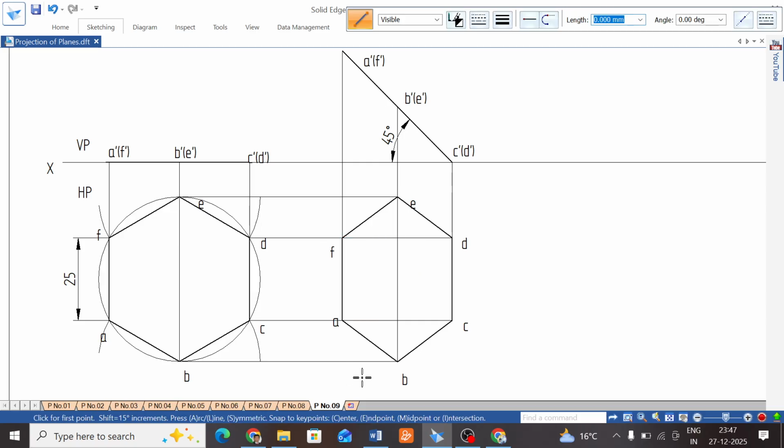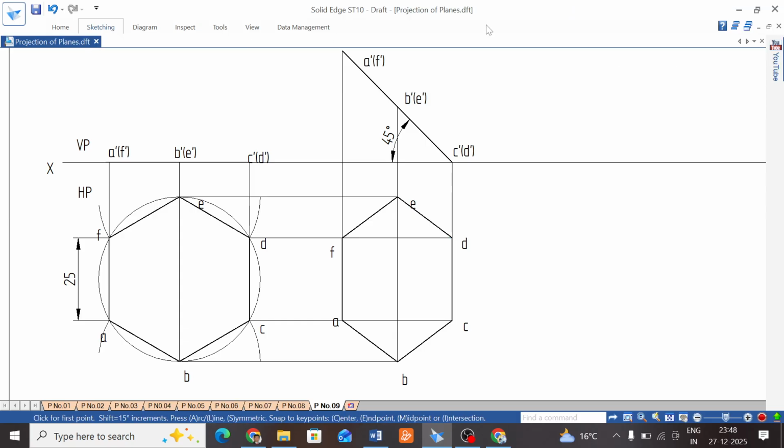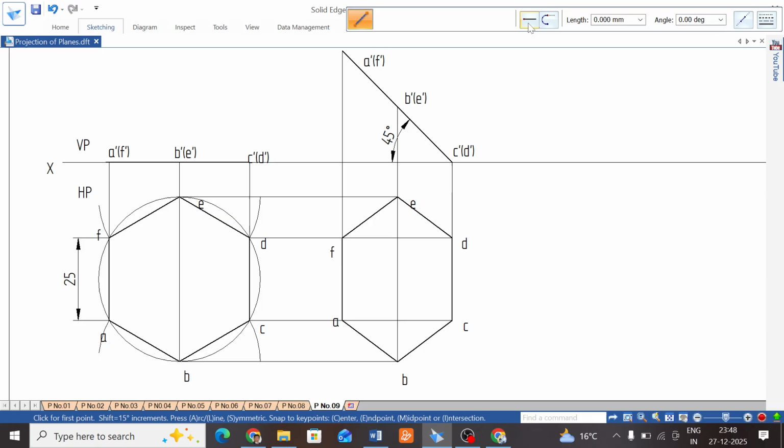Okay, apparent hexagonal lamina. The resting edge DC is inclined. In the second position of the apparent lamina, the resting edge DC is inclined to VP at 30 degrees. Simply draw a 30-degree line from VP.